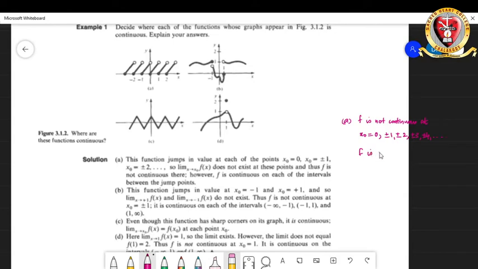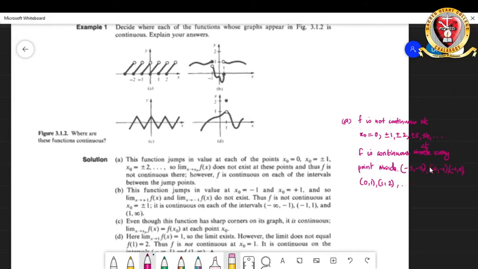But we can claim that f is continuous at every point inside the intervals, say -3 to -2, -2 to -1, -1 to 0, 0 to 1, 1 to 2, and so on.